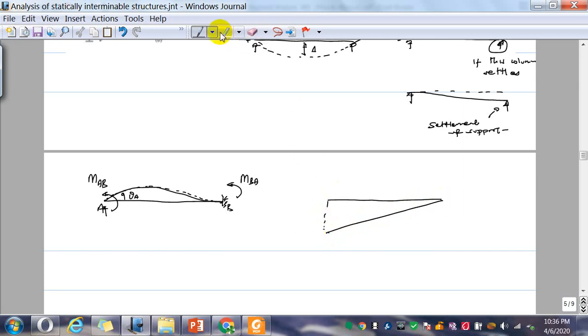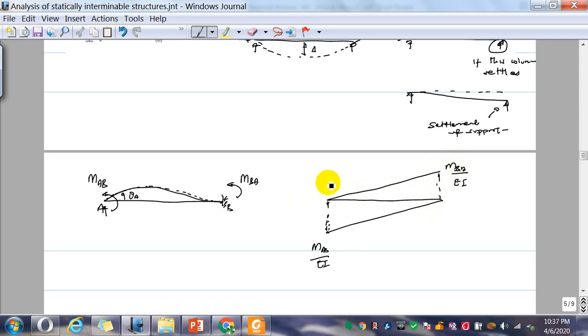So the bending moment is going to be like that. So this is MAB over EI, and MBA is high and low here, so it's going to be that MBA over EI.